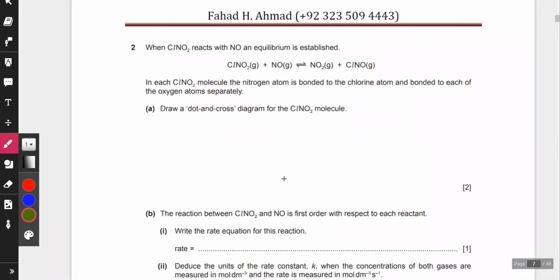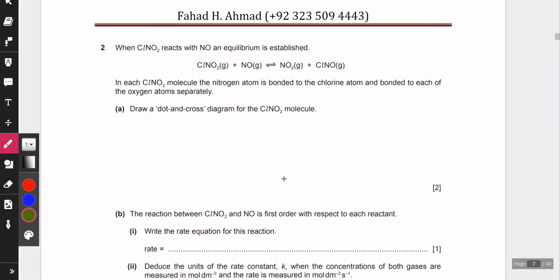Okay, in each ClNO2 molecule, the nitrogen atom is bonded to the chlorine atom and bonded to each of the oxygen atoms separately. I think we can draw the dot and cross diagram as well. There are separate bonds. Did he tell whether it's a double bond or a triple bond?